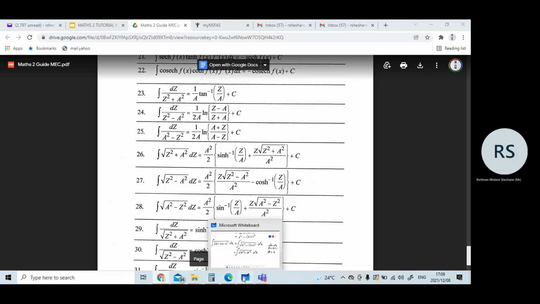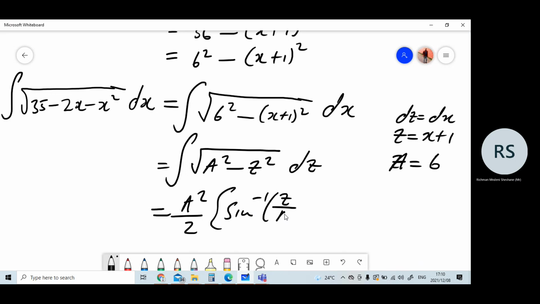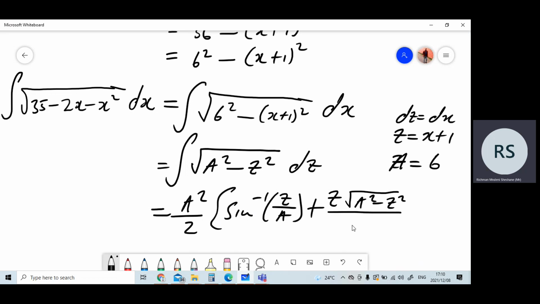So the integral of the square root of a squared minus z squared, according to the formula, is a squared over 2 sine inverse of z over a, plus z square root of a squared minus z squared over a squared, and then plus c.